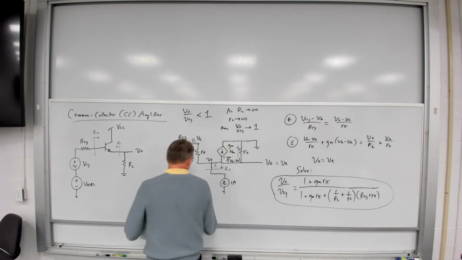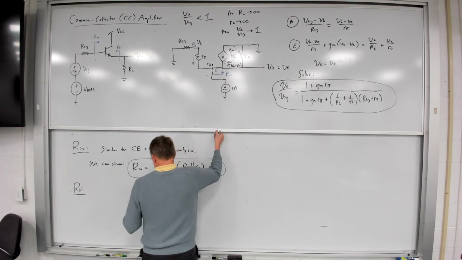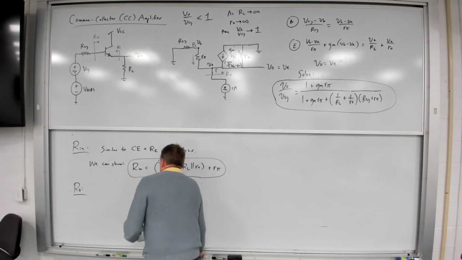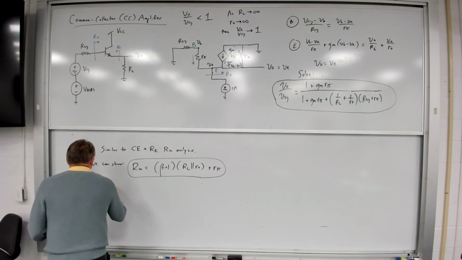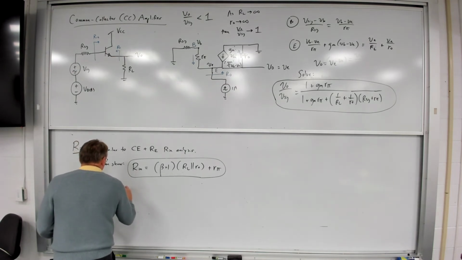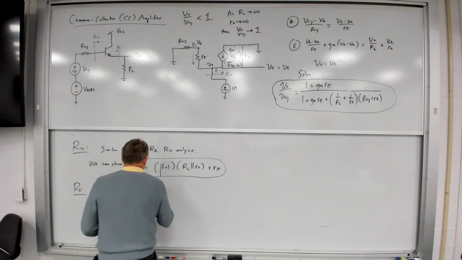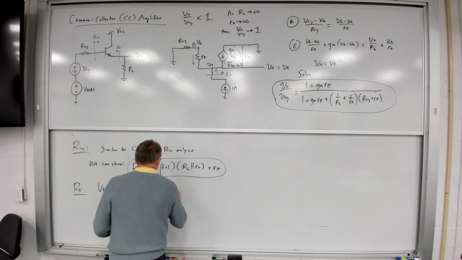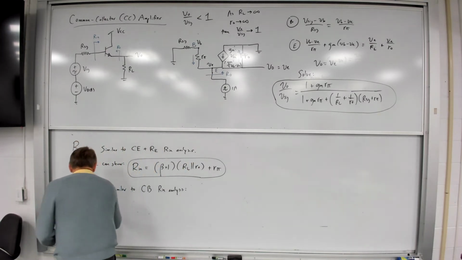But what we get is this. So this is very similar to our common base RN analysis. And again, I'm not going to bother to write equations, but again, we can show the following.